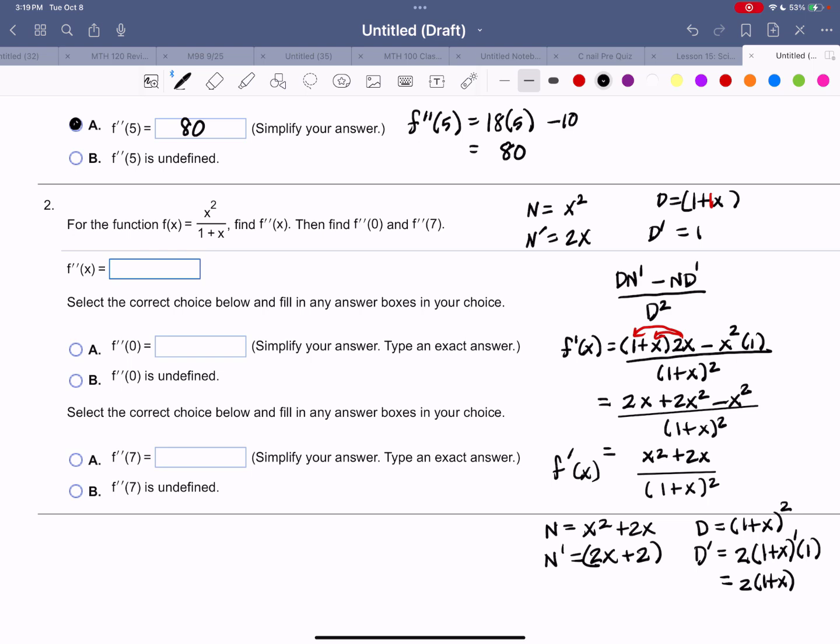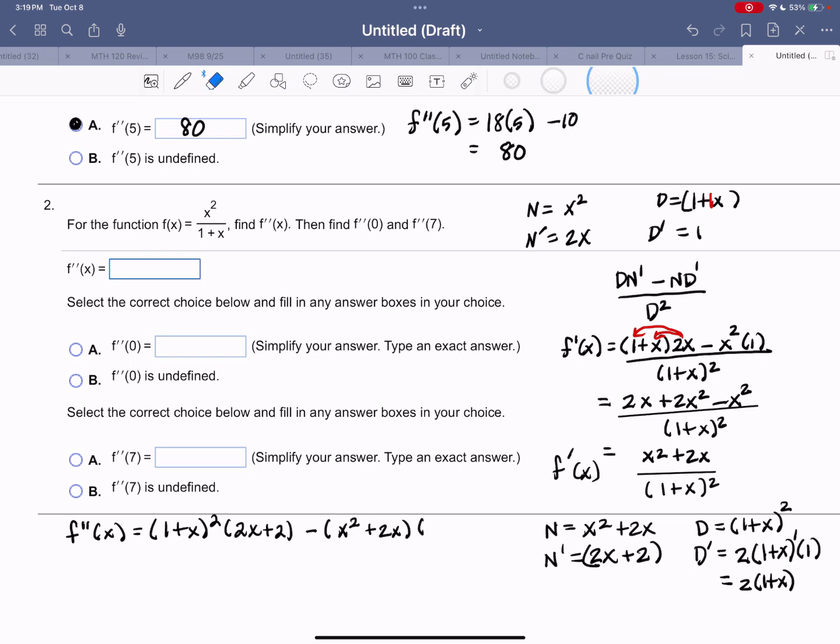So second derivative of f with respect to x is my denominator, 1 plus x squared, times the derivative of my numerator, 2x plus 2, minus the numerator, x squared plus 2x, times the derivative of the denominator.